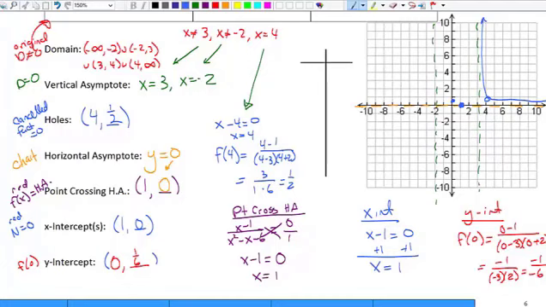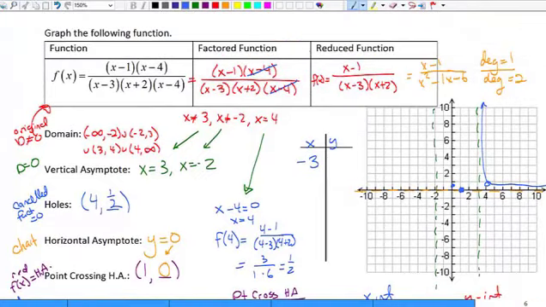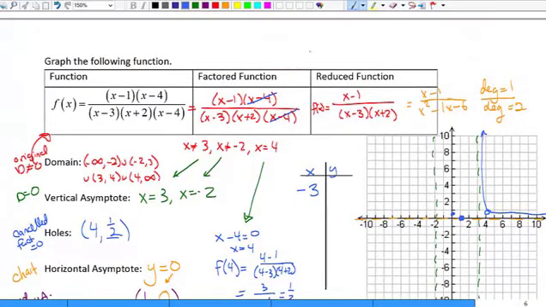But I need to understand more about the left side of the branch, so the part that is left of -2. So I'm going to pick something less than -2. I guess I'll pick -3. So what I'm going to do is find f of -3 in the reduced function.